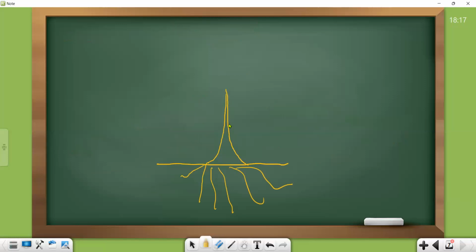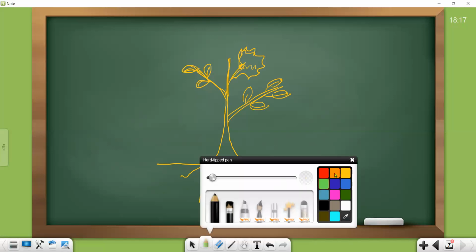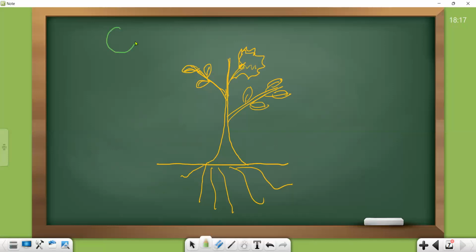This plant has branches, stems and leaves, and flowers will also be there. Think of a flower as also there.